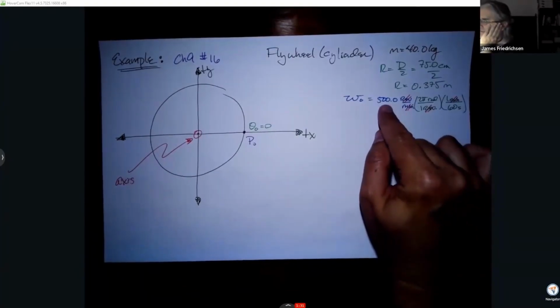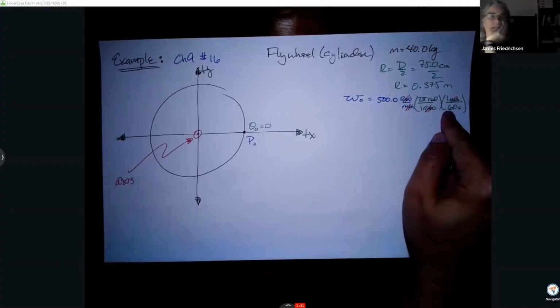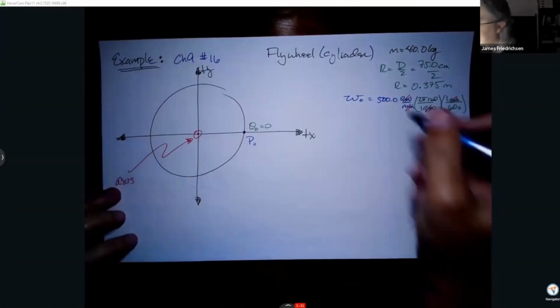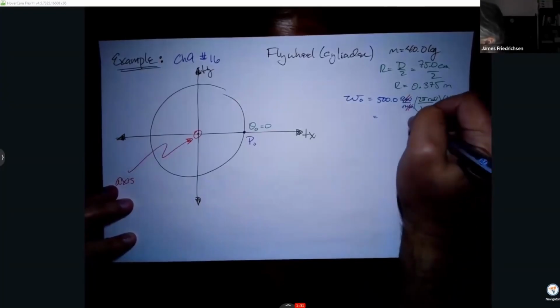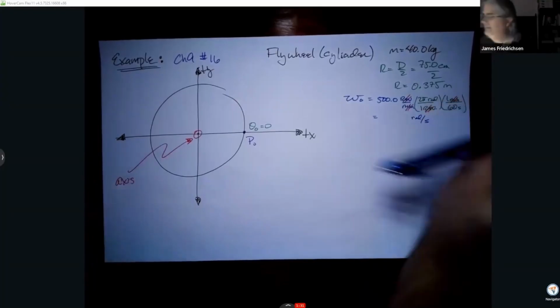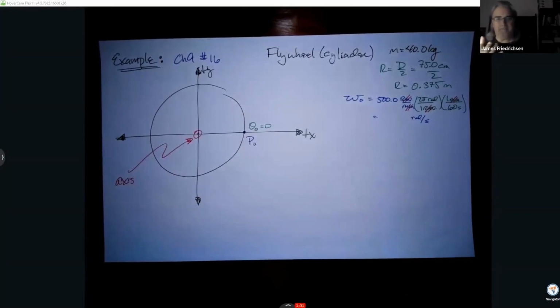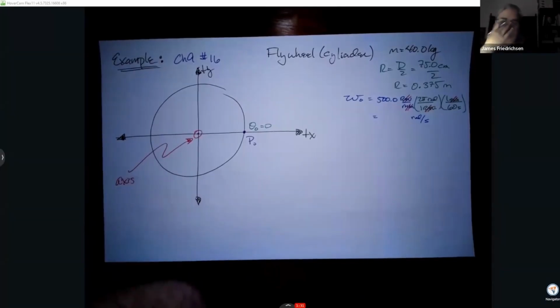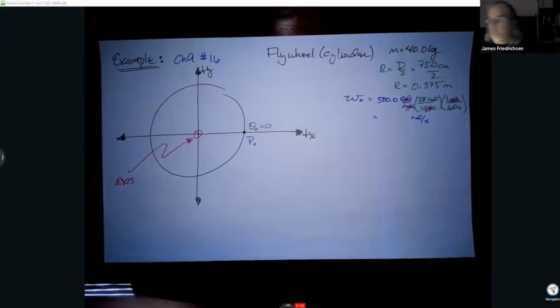So it's 500 times 2 pi divided by 60. And so what do we get? This will be in radians per second. You know, 52.4.